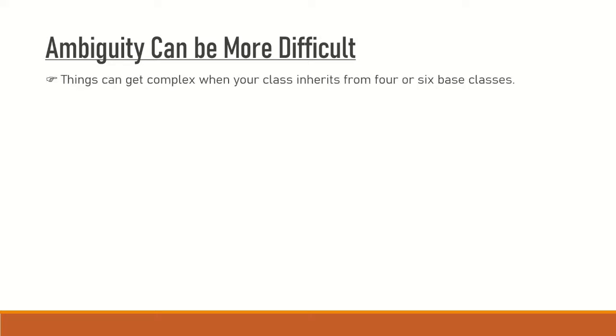Let's see how ambiguity can become more difficult in multiple inheritance. Things will be more complex when your class inherits from 4 or 6 base classes.